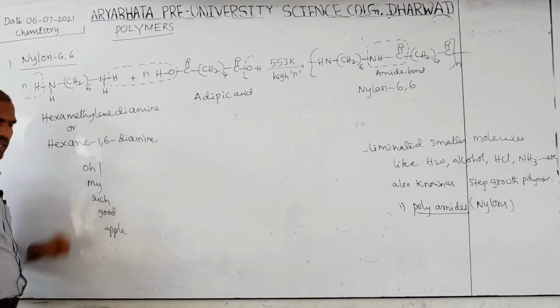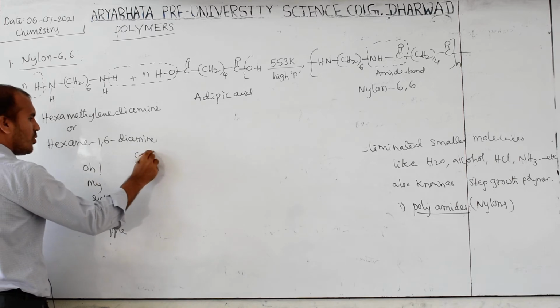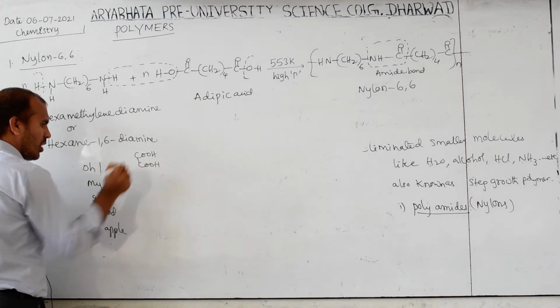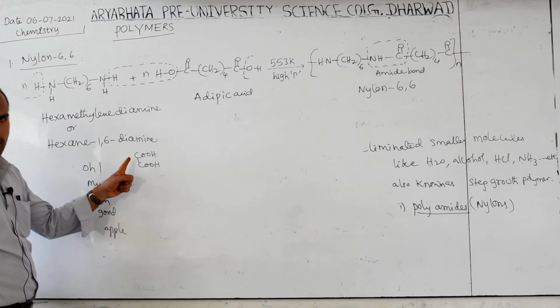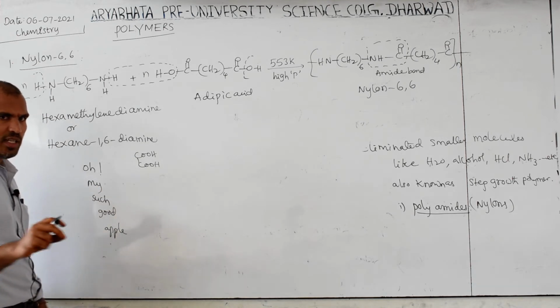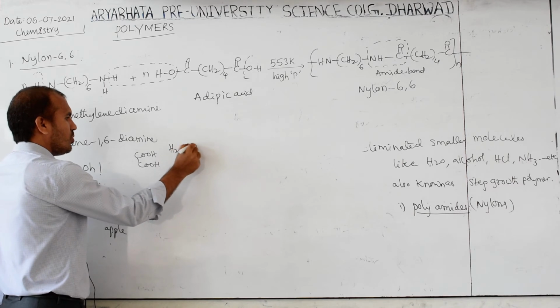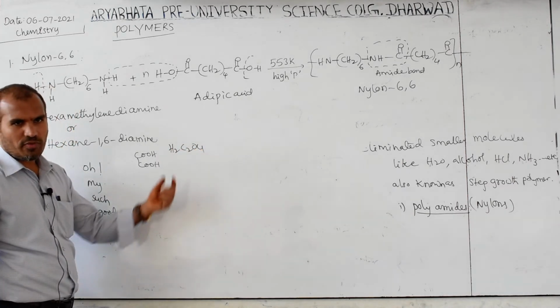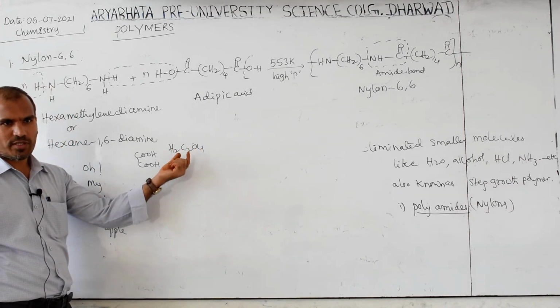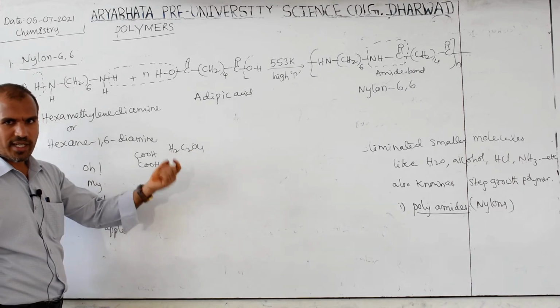O means oxalic acid, then COOH. This oxalic acid formula you may have seen in your practical also: H2C2O4. In the first chapter also, somewhere it will come, oxalic acid.